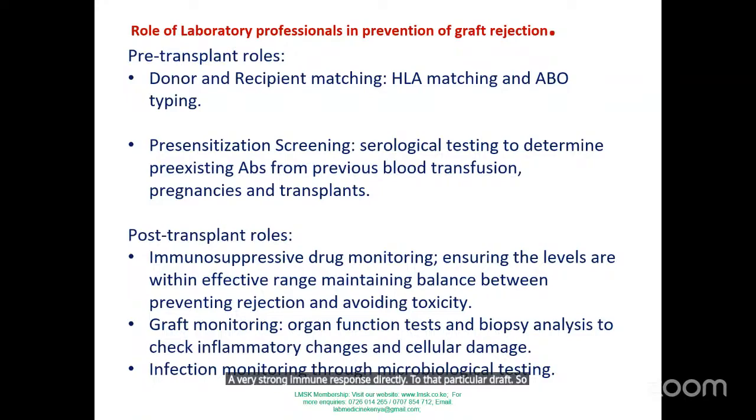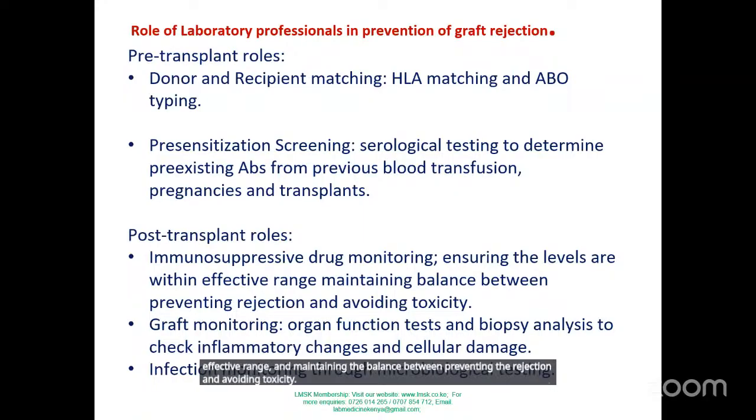So another role that the labs play is the post-transplantation role. So number one in the post-transplantation role, as we have discussed, is immunosuppressive drug monitoring, ensuring that the levels are within the effective range and maintaining the balance between preventing the rejection and avoiding toxicity.